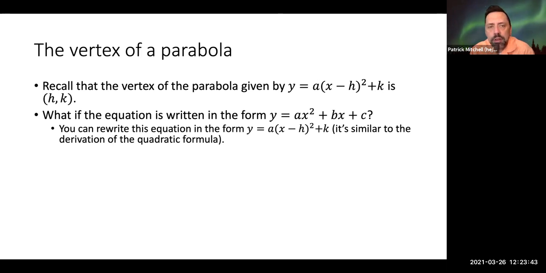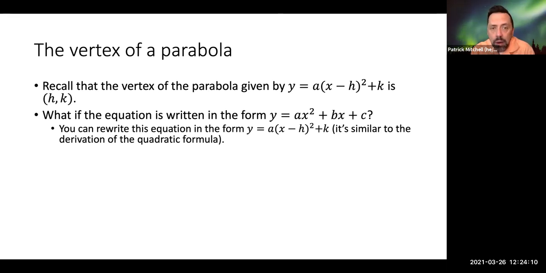So it is possible to take an equation that's in the form y equals ax squared plus bx plus c and rewrite it in the form y equals a times x minus h squared plus k. It involves completing the square. And it's similar to the derivation of the quadratic formula that I showed you for exactly 2 minutes back in section 11.2.